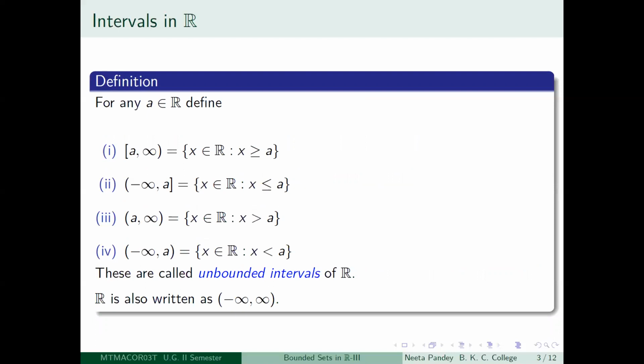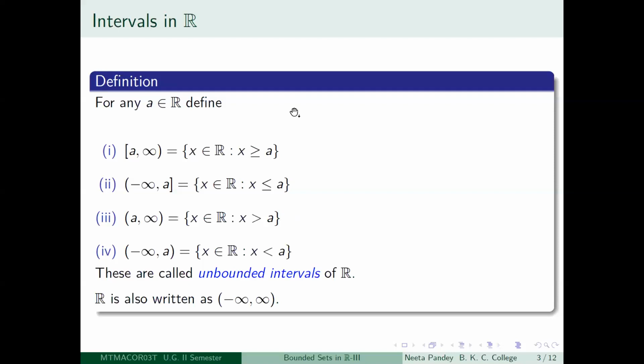Now, instead of bounding on both sides, you just bound on one side. What does that mean? Suppose I take any a in R, and I look at the collection of all real numbers which are greater than or equal to a. On the real line, you have this point corresponding to a.